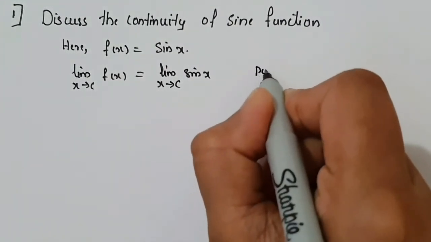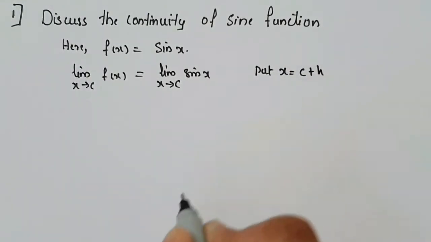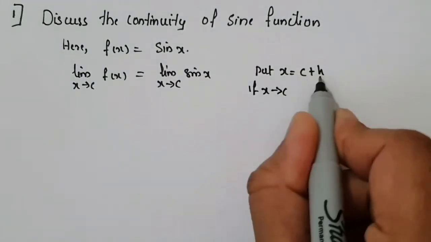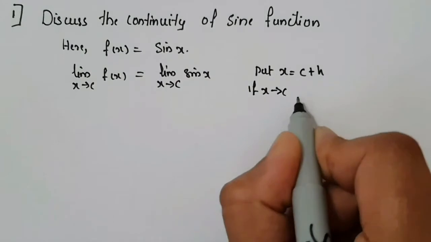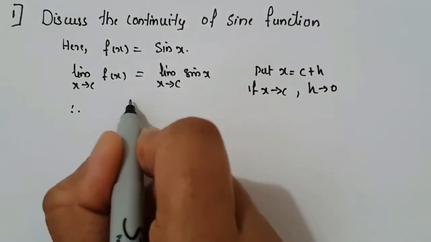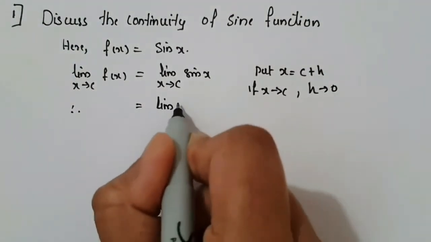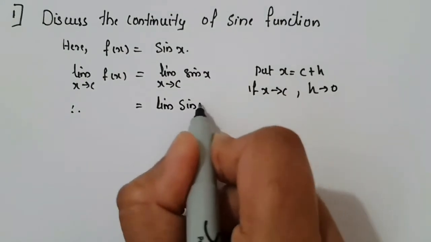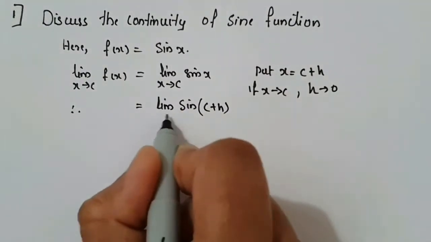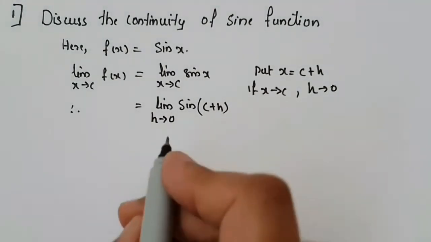Now put x is equal to c plus h. If x tends to c, then we know h tends to 0. Therefore, this can be written as limit sine of, instead of x, it is c plus h. So, limit sine c plus h as h tends to 0.